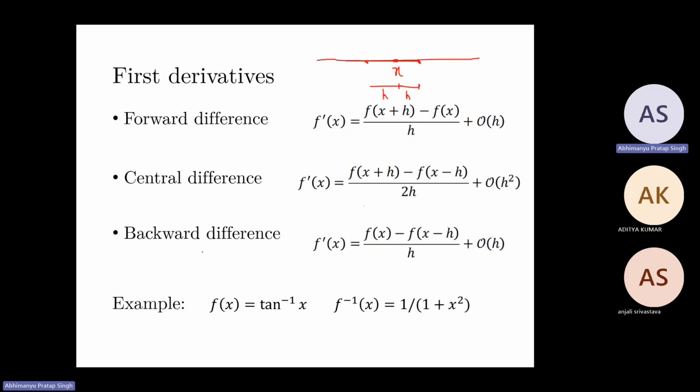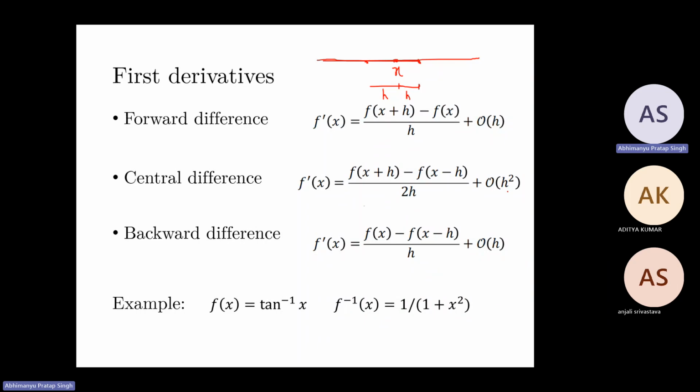Then we have the backward difference formula. In backward difference, instead of taking the front point, we take the function value at the given point x and at a point before x, to the back of x. So we take f(x) minus f(x minus h), divided by h. This is the backward difference, and the order of approximation is similar to the forward difference, a linear approximation.